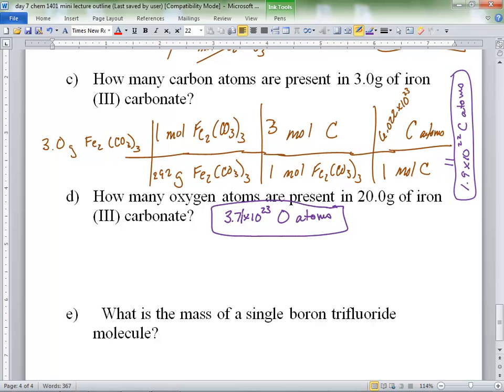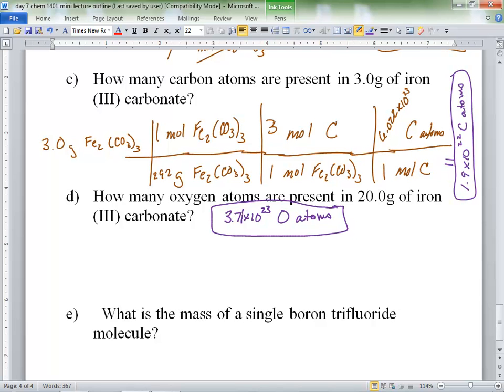It's not that straightforward. The logical way of doing it is find the molar mass of BF3, right? A boron and 3 fluorines. You find that molar mass. That's a mass of exactly how many BF3 molecules? Avogadro's number. So, for example, if you had 12 cookies, you know the mass of the 12 cookies. What's the mass of one? You just divide the mass by 12, right? Same thing with this.